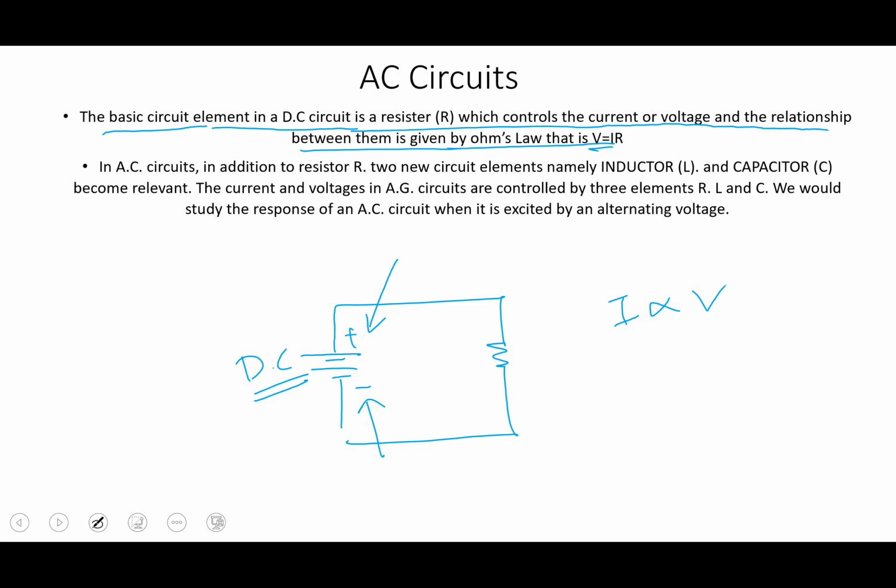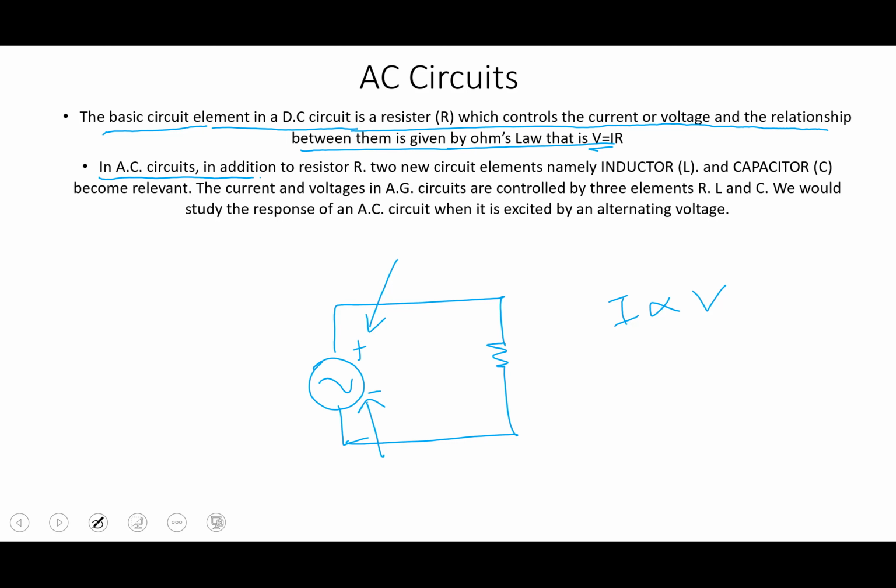But in the case of alternating voltages, now alternating currents, the terminals change after a few seconds.